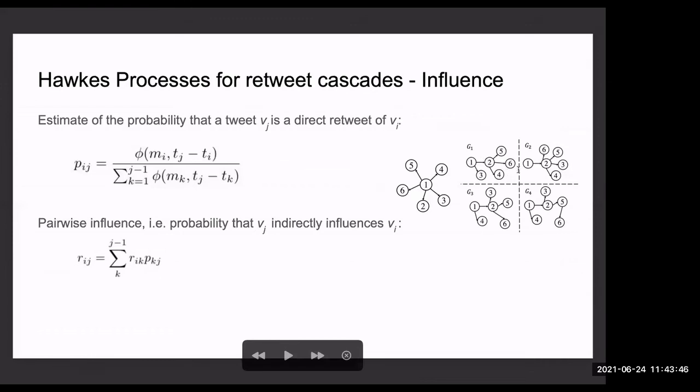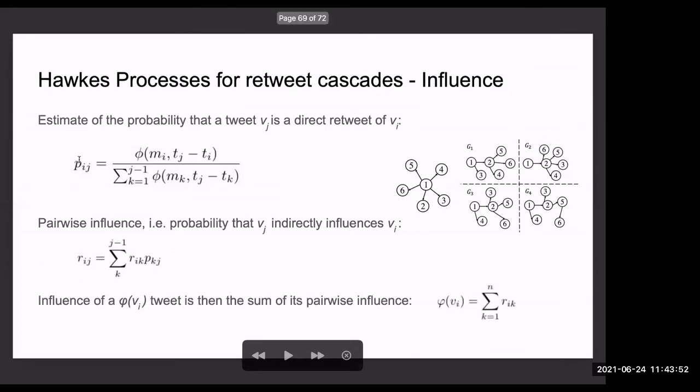We have the probability from the direct retweets, and then we estimate the indirect by summing over previous events. And from this, we can get an estimate of influence by basically summing these pairwise influences for every tweet. So this is good.